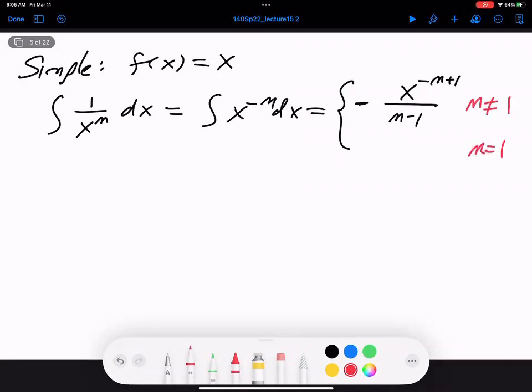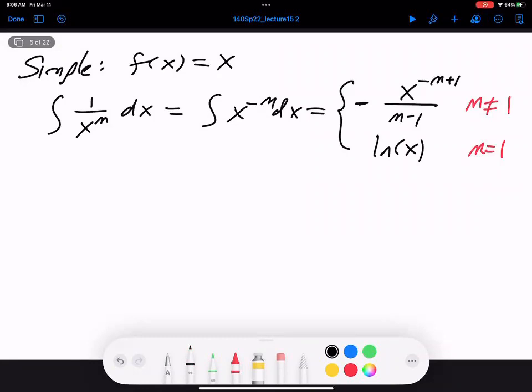And so if m equals 1, then we're integrating 1 over x. What's the answer in that case? So if we have the integral of 1 over x, what function has derivative 1 over x? Natural log of x, or log of x. So if I give you 1 over x, it's not that hard to integrate. This is one of our standard functions.